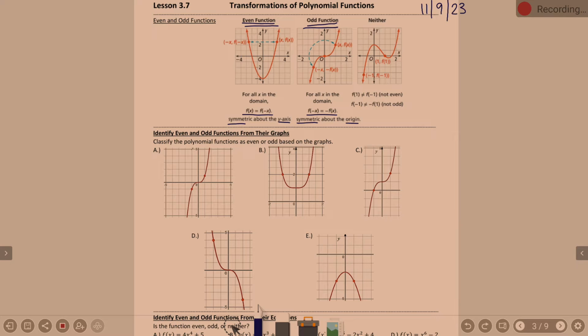If I take quadrant 1 and reflect it across the x-axis, now it's upside down, reflect it across the y, it lands in quadrant 3 on top of that. So this is indeed odd, specifically symmetric across the origin.